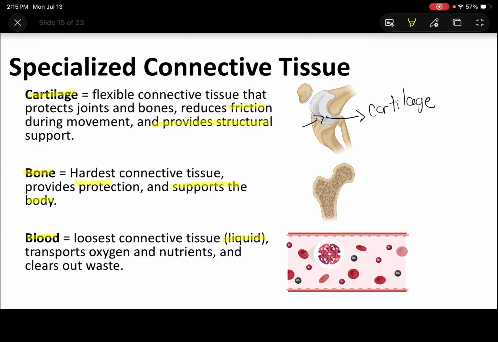Again, we have a bunch of cells all serving the same function, connected by this ECM, and it's really important in transporting oxygen, nutrients, and clearing out waste. You might not think of these things as tissues in the sense of our skin being a tissue, or the tissue of your liver or your stomach, but they are. They're just specialized connective tissues that are all important for serving different functions.